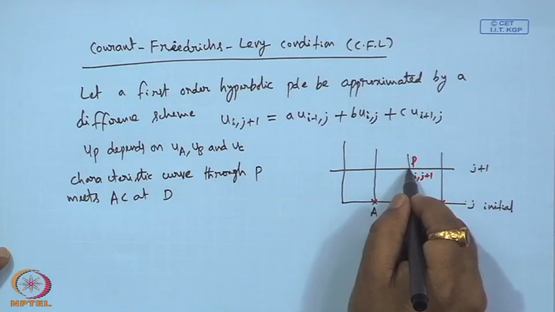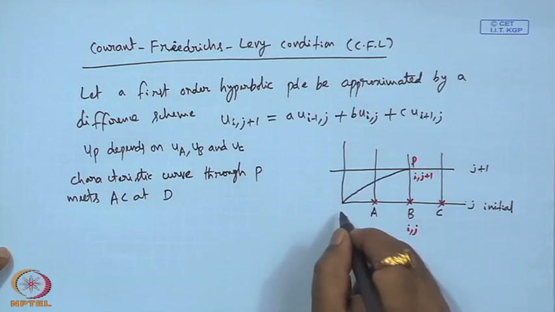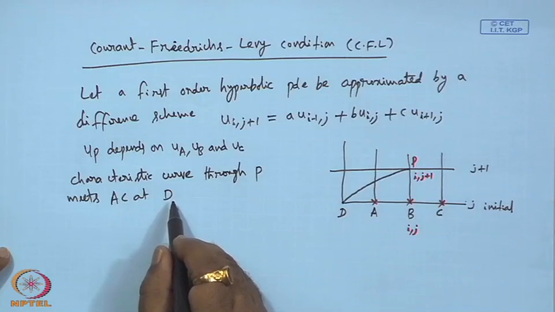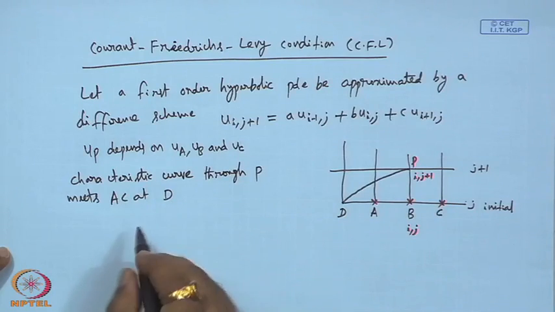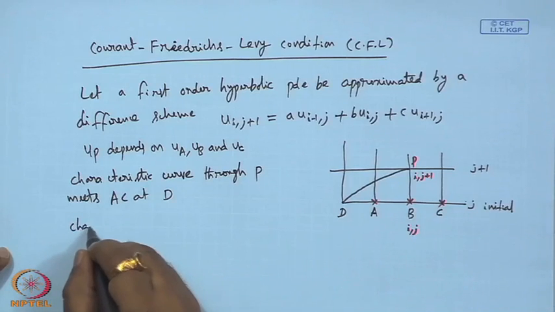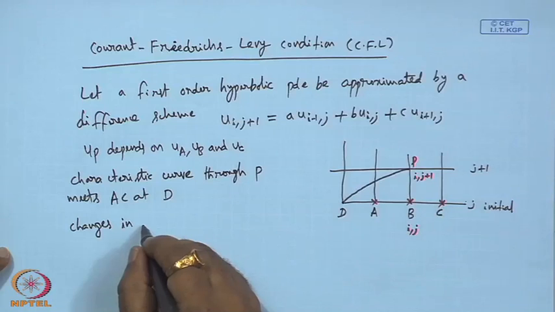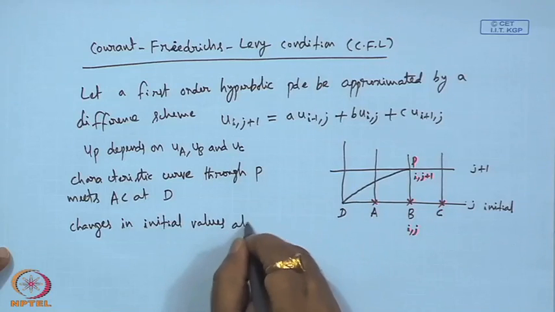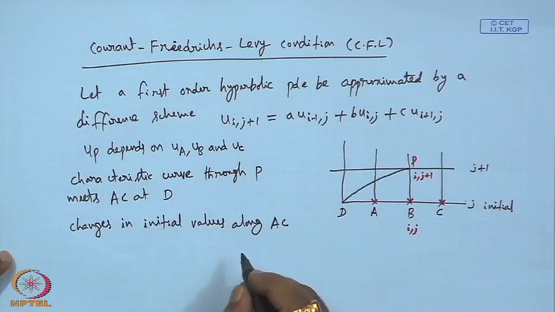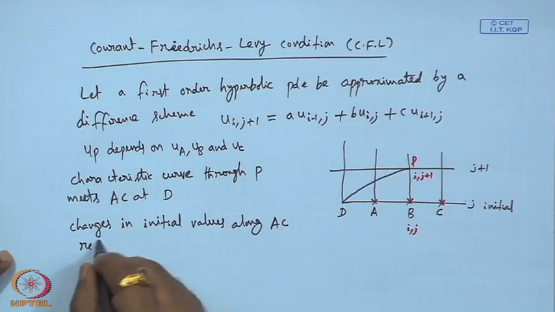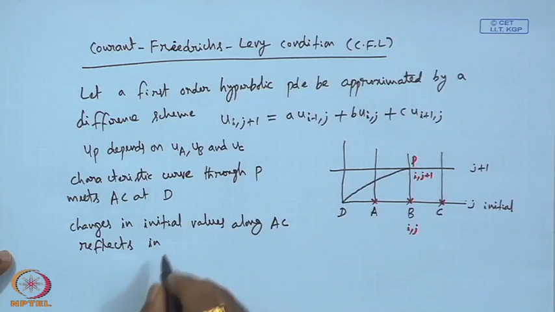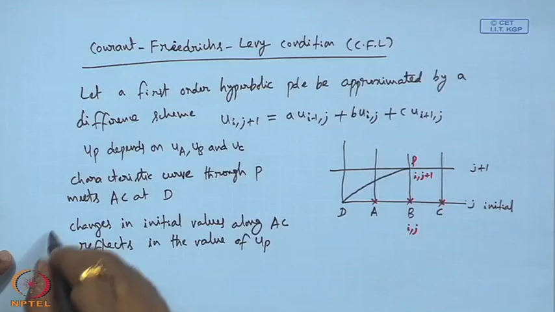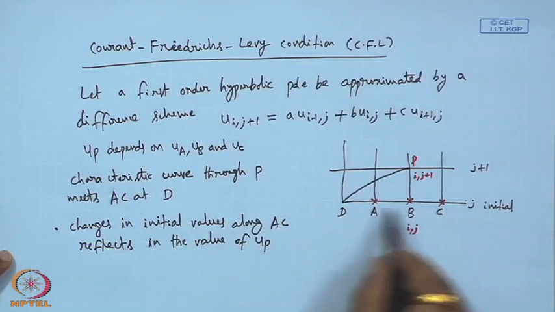As I mentioned, changes in the initial values along AC reflect in the value of u_P.